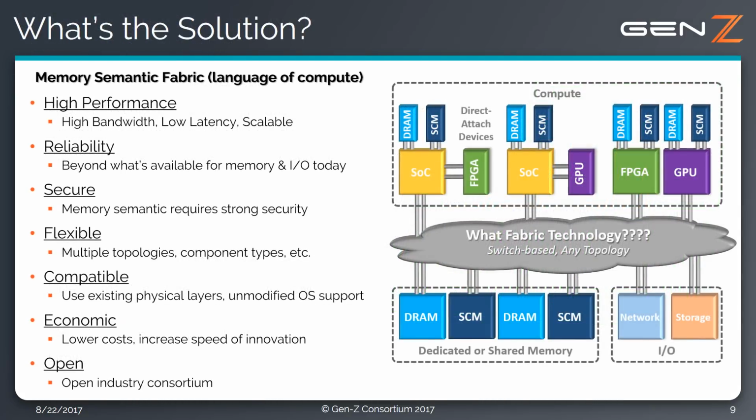So what's the solution to all of these challenges? We need a new universal interconnect and fabric technology that is memory semantic. It needs to facilitate the language of processors, byte-addressable, load store operations that drives the new data-centric, memory-centric computing model that will power next-generation workloads. Here are some of the key attributes that this new technology needs to embody.